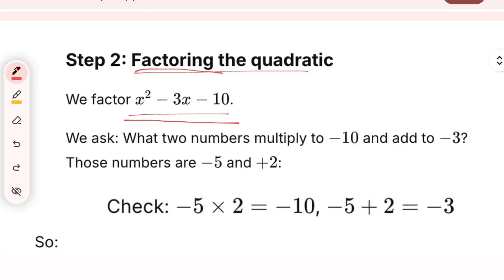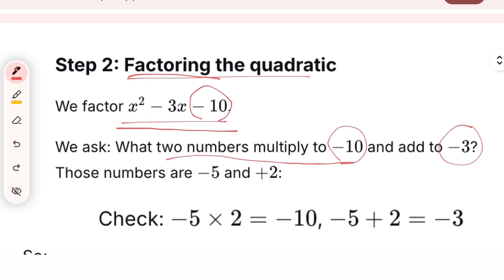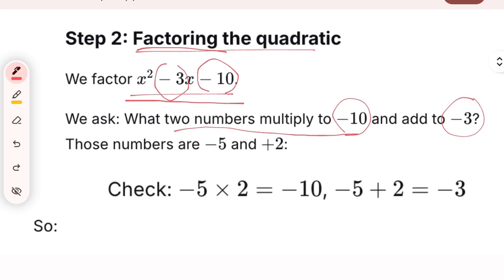So here we have to ask what two numbers, when multiplied, will give negative 10, and when you add them, will give negative 3. So when you multiply those two numbers, it will give you the last term, which is negative 10. And when you add those two numbers, it will total to negative 3, which is the middle term. So what numbers are those? The numbers are negative 5 and 2.